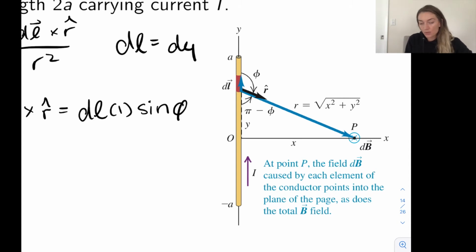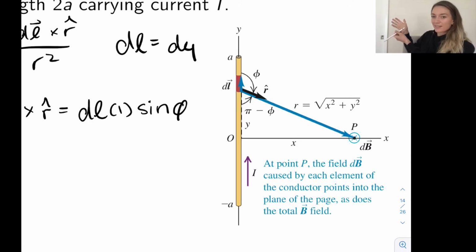So we can use the right-hand rule a little bit. If you put your hand in the direction of the current and then turn your hand down into the direction of r hat, so the current is going up like this and r hat is directed downward on the page, you curl your hand in the direction of r hat, and you'll see your thumb is pointing into the page.